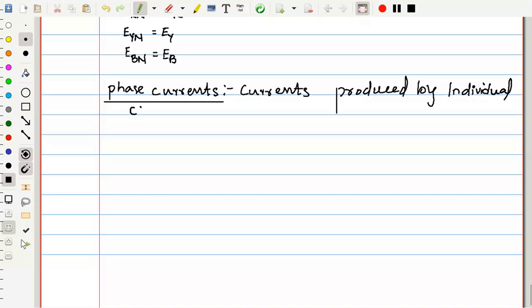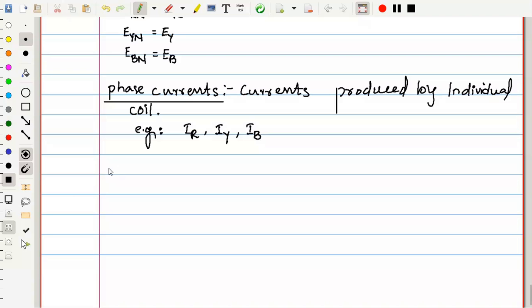Individual coils, which are coil 1, coil 2, etc. So what are the examples? Here you can see the diagram. IR is the coil 1 current, IY is the coil 2 current, IB is the coil 3 current. These are called phase currents.